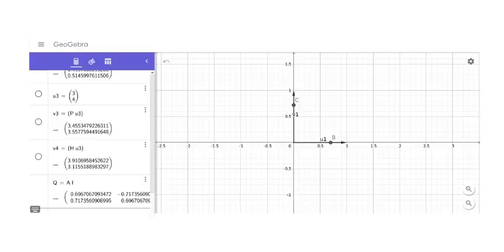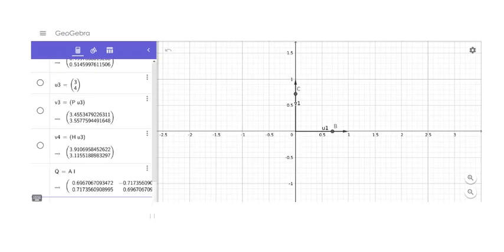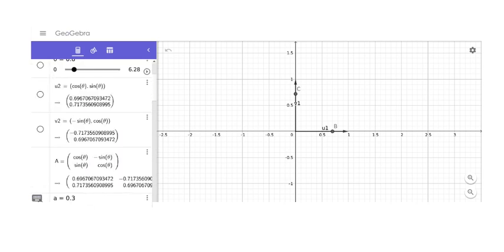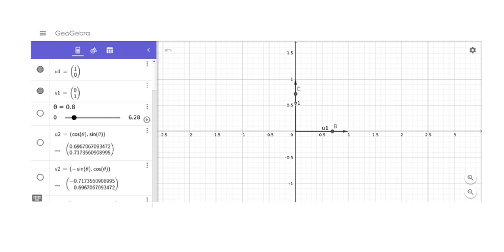So here we have GeoGebra. I have taken two vectors. The first vector u1 is 1 0 and v1 is 0 1. So I have two vectors. Now I am considering another vector u2.